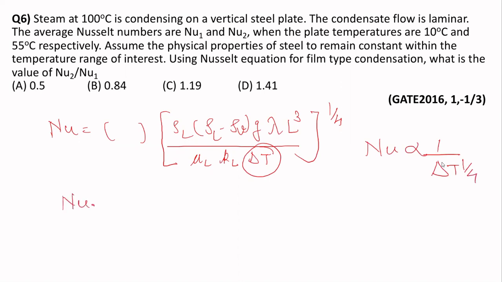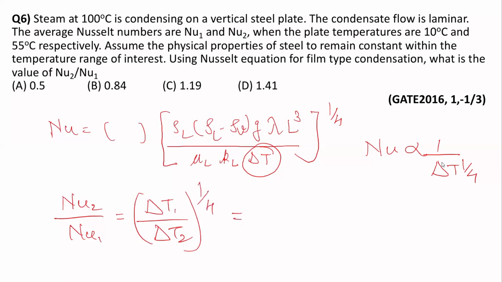So Nu2 by Nu1 will be delta T1 by delta T2 to the power 1/4, where delta T1 is 90 and delta T2 is 45. So this will be 90 over 45 to the power 1/4, which is 2 to the power 1/4, which is 1.19.